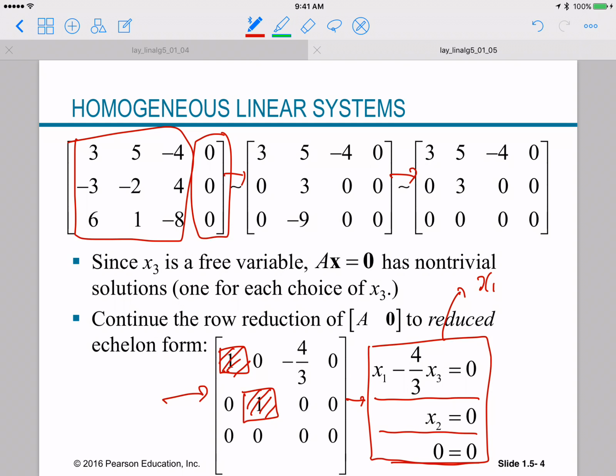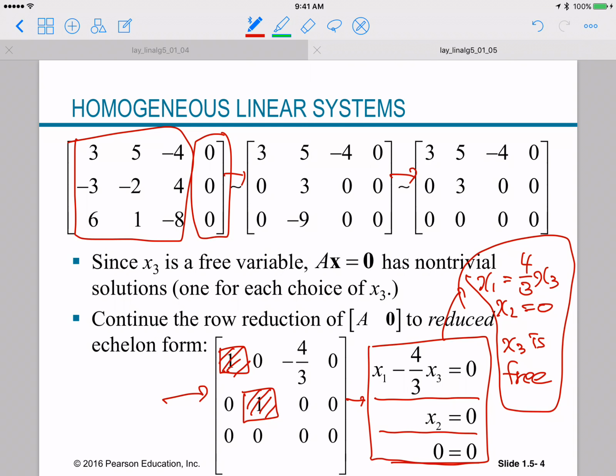We place the basic variables on the left, and then we move all the free variables to the right. So let's do so in this case. And then x2 equals 0, and x3 is our free variable, so we can choose any value for x3. This was our solution when we did our homework, right?